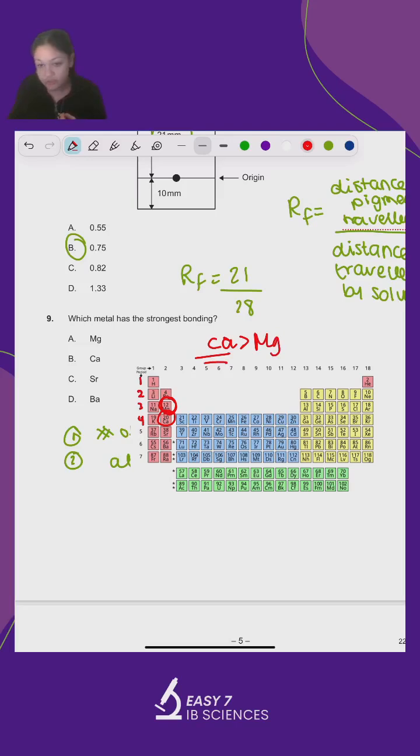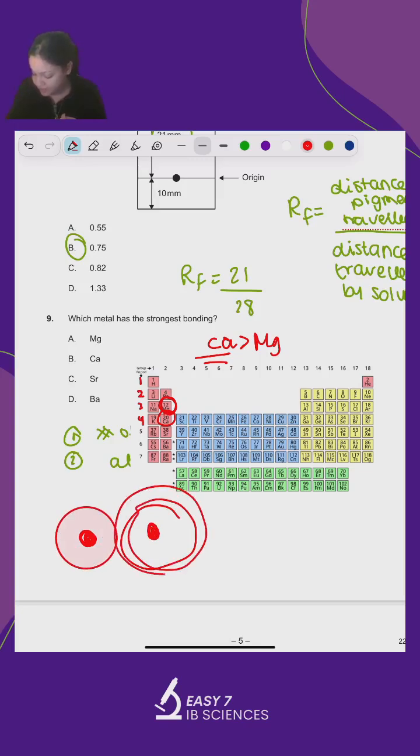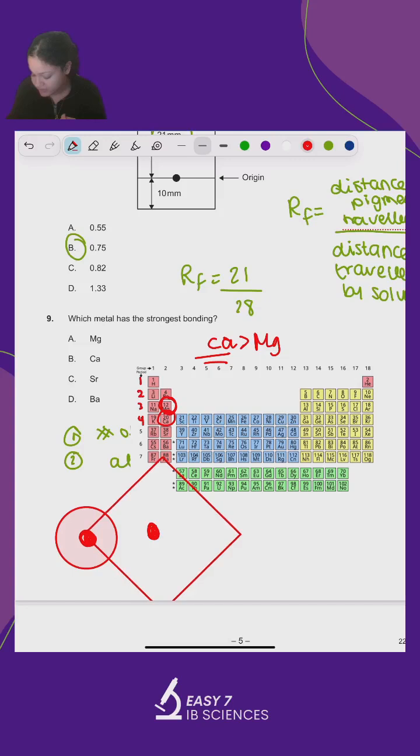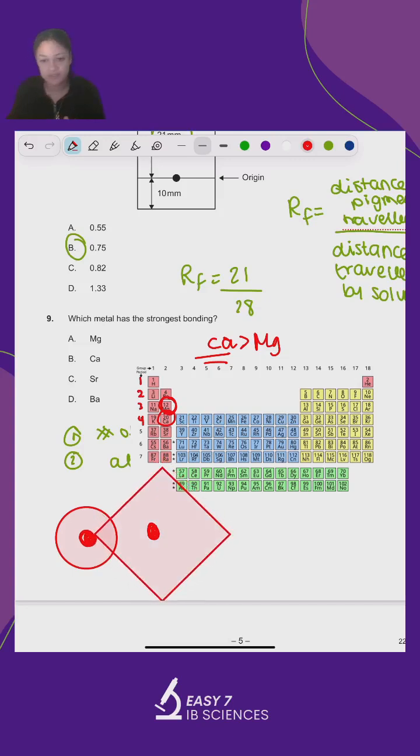Why? Because if we draw it out, and this is my magnesium, which has a smaller atomic radius than calcium, which has a bigger atomic radius. I'm just going to pretend that that's a circle. If that has a bigger atomic radius, that means that if I were to bond with another molecule, the distance between that molecule's nucleus and this molecule's nucleus is so big, and that's why that bond is going to be weaker.